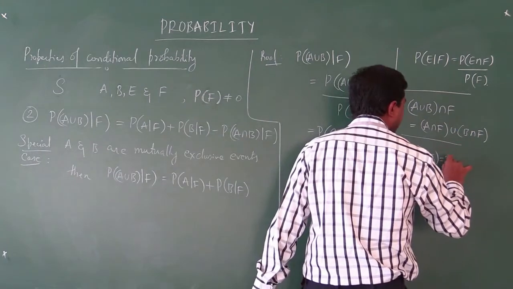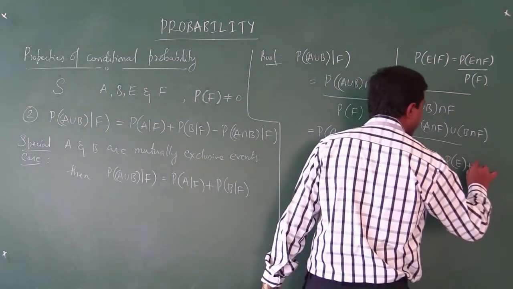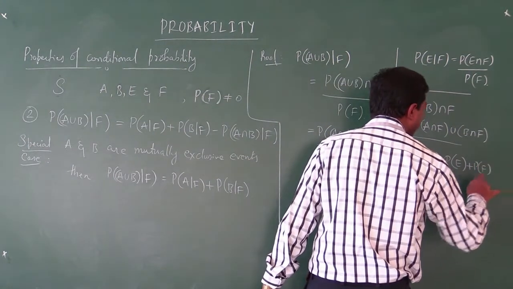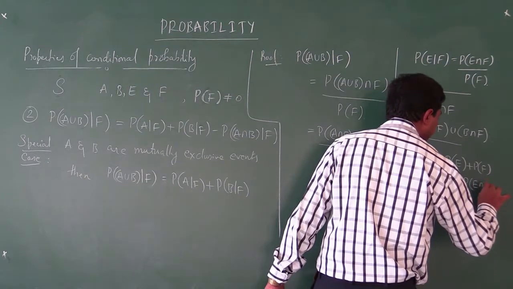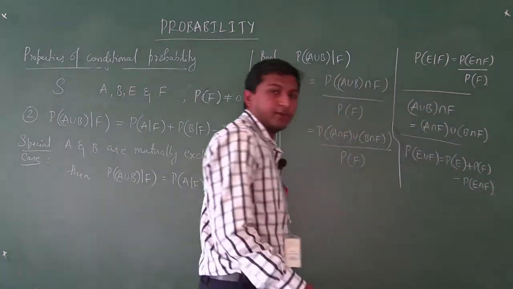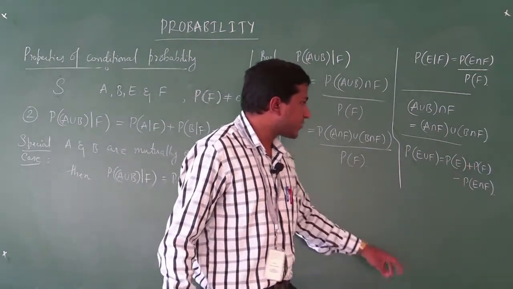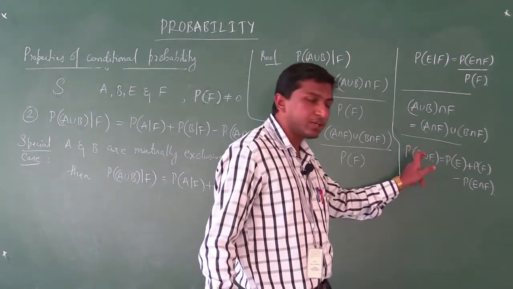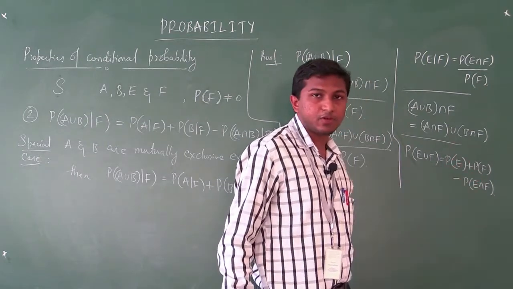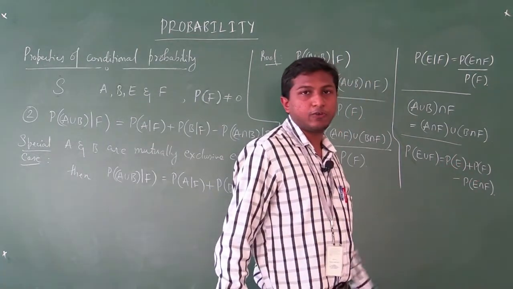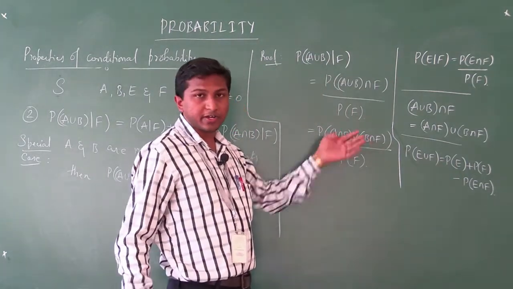I can write this as P of E plus P of F minus P of E intersection F. Just recall this result, students. We have P of E union F is equal to P of E plus P of F minus P of E intersection F.